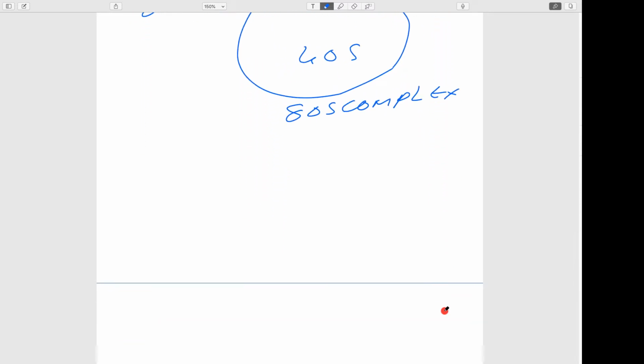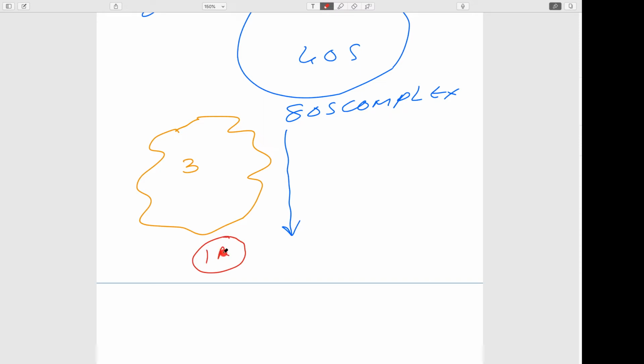In the next step, as I said, splitting of 40S and 60S takes place, in the presence of factors. What are those factors? One is factor 3, and another is factor 1A.